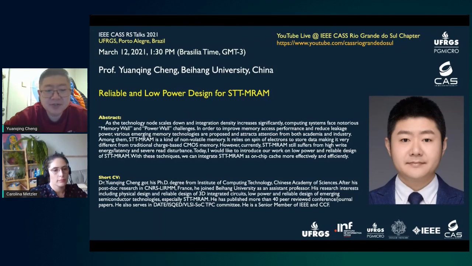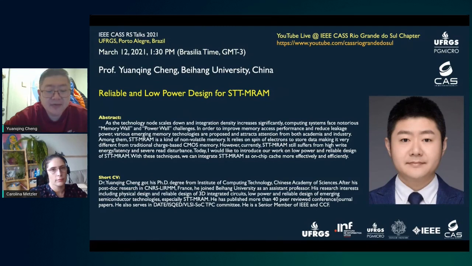For STT-MRAM, there are also some semiconductor companies that are fabless, and they pay much attention to it, like Qualcomm and ARM. Although they do not fabricate the STT-MRAM chips, I believe that much of the demand for the foundries comes from these semiconductor giants. Qualcomm, for example, may integrate STT-MRAM into mobile phones, because mobile phones require very low power and long standby time.